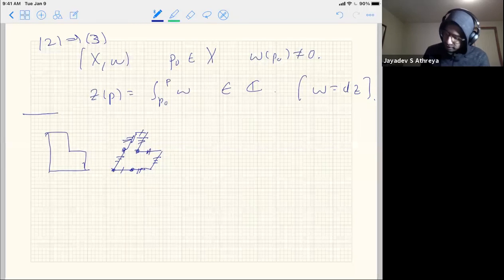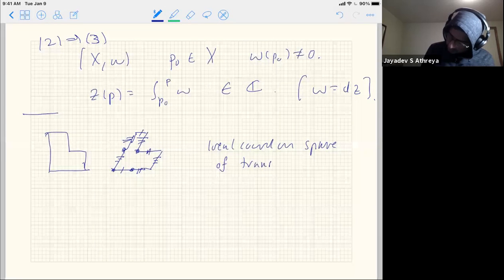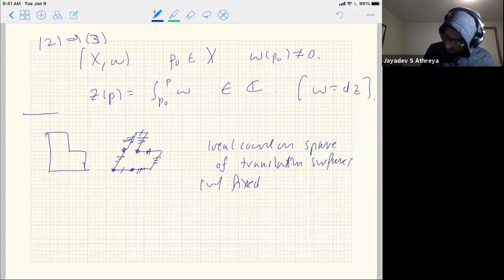So as soon as you have 4 parallel sides of the same length, you can think of both of these points as a way of giving local coordinates on the space of translation surfaces with fixed combinatorial data, which is just given by R2 to some power.